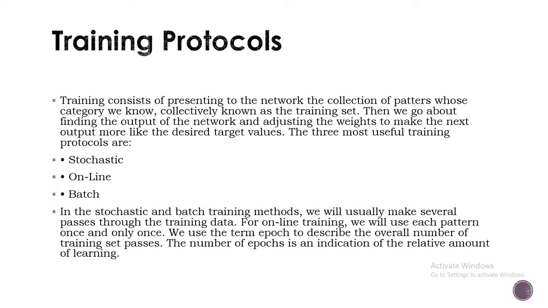In stochastic and batch training methods, we will usually make several passes through the training data. For online training, we will use each pattern once and only once. We use the term epoch to describe the overall number of training set passes. The number of epochs is an indication of the relative amount of learning.